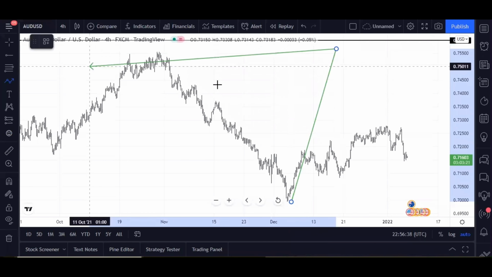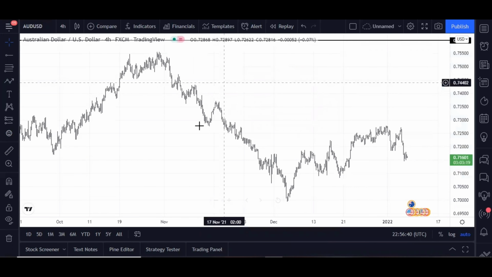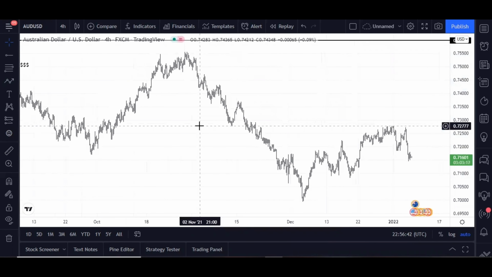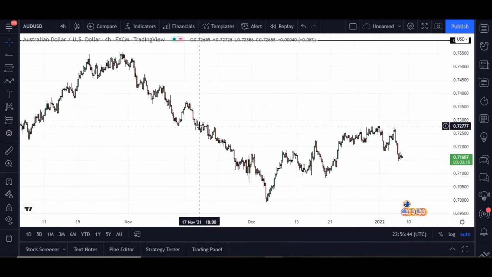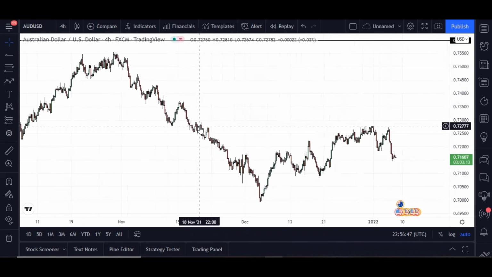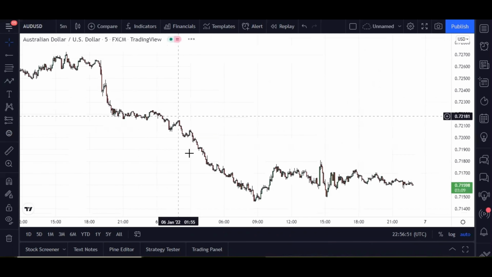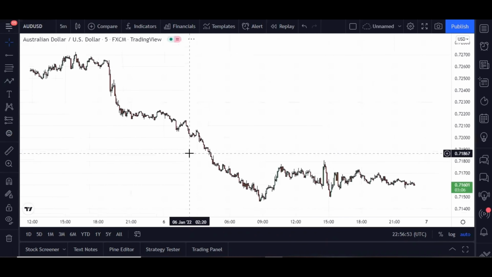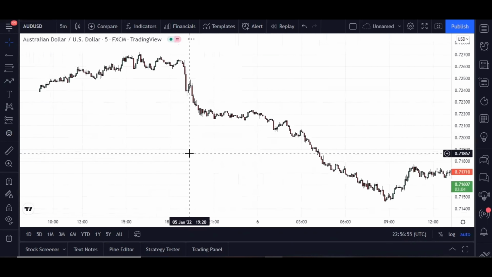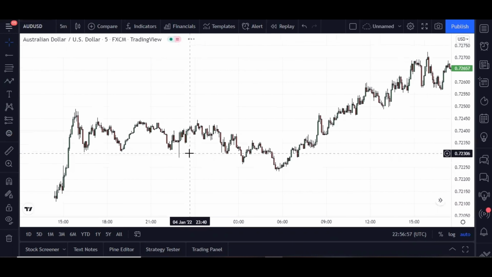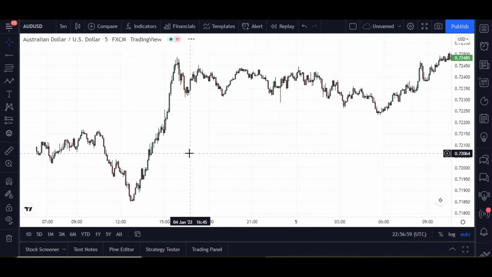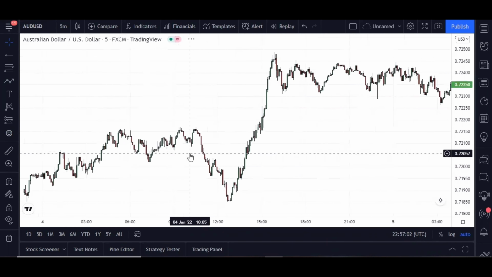So that is for that on the 4-hour time frame. I want to show you guys this happening as well on a smaller time frame. So we're gonna go to the 5-minute time frame. Scroll out. The exact same thing that's happening.